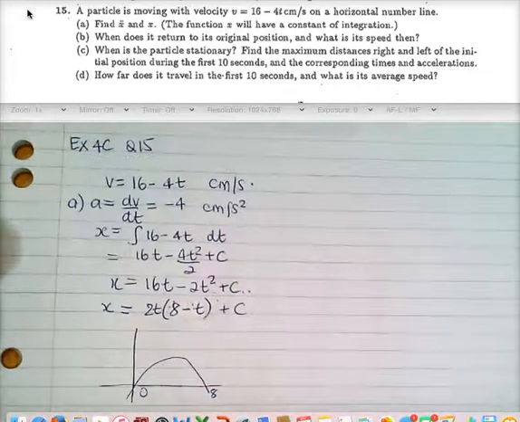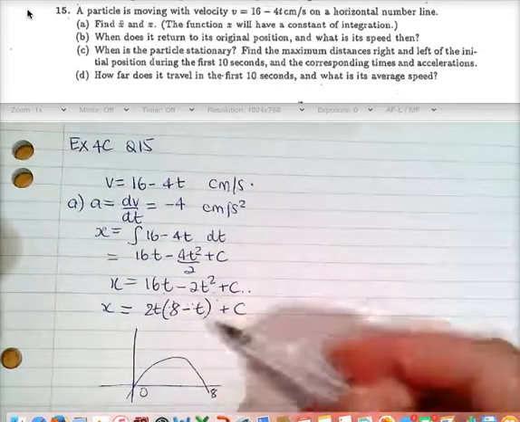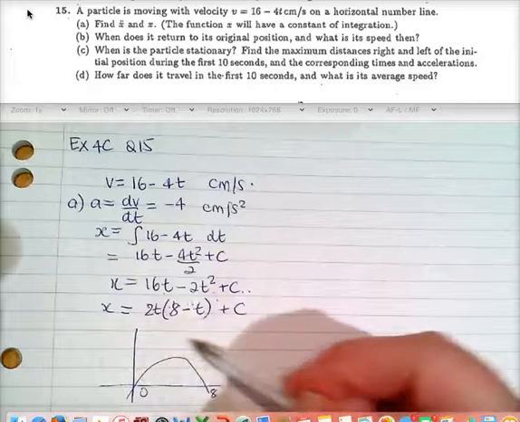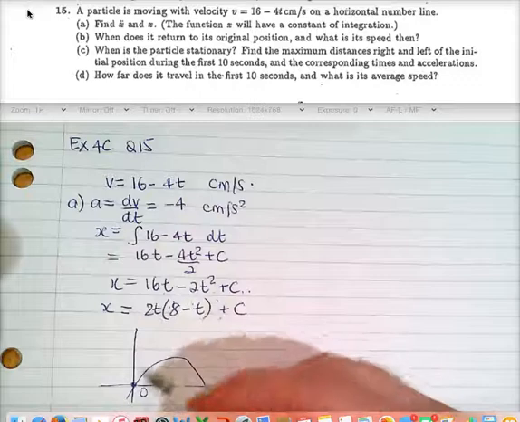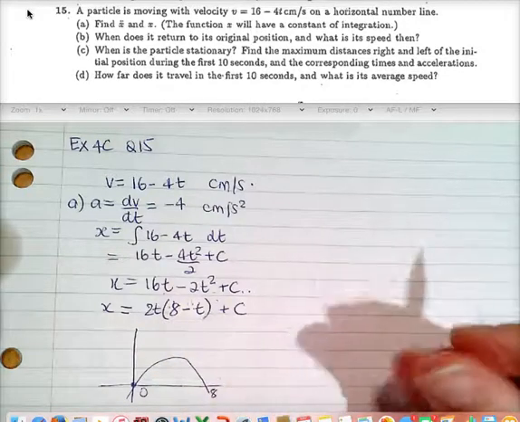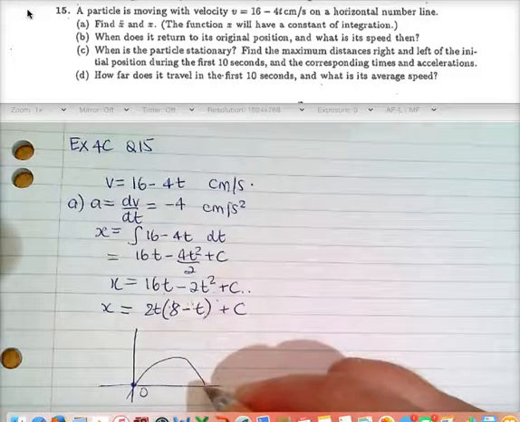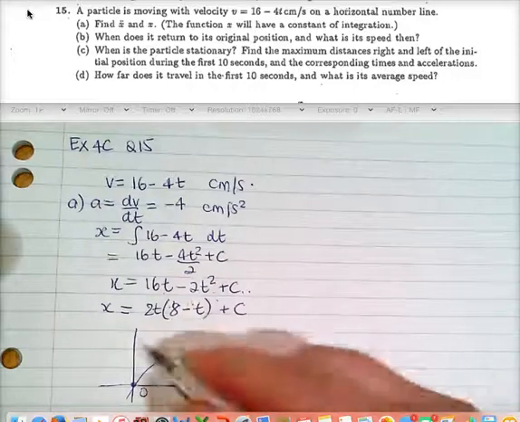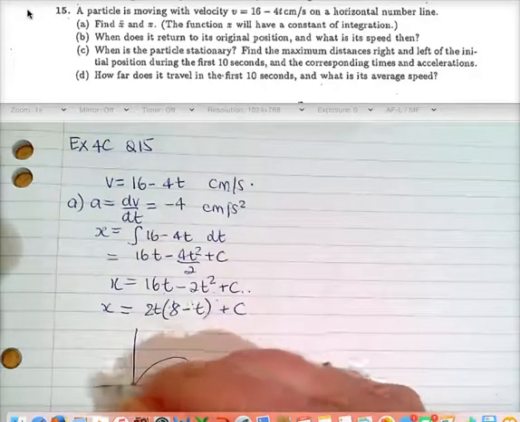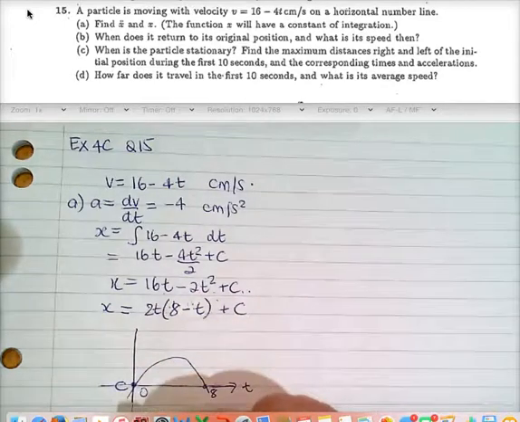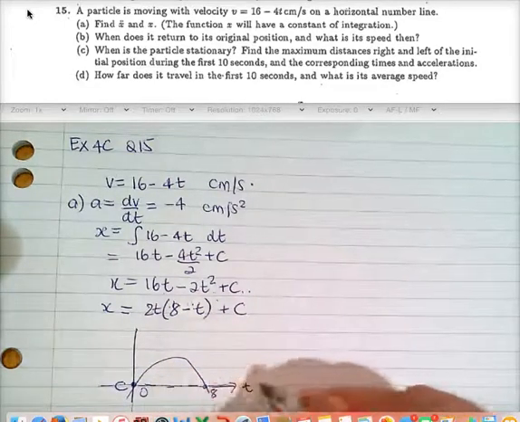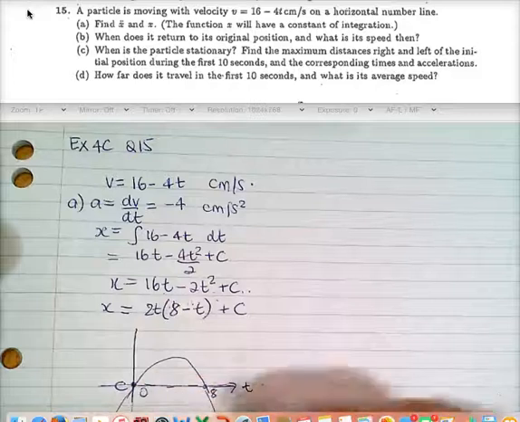Now it doesn't really matter what c is. If c is 2, then this would all shift up 2. Now the starting position is here, and we just want to know when the particle returns to its starting position, and it will be at time equals 8. I can just mark c with a dotted line, that would be my constant there.